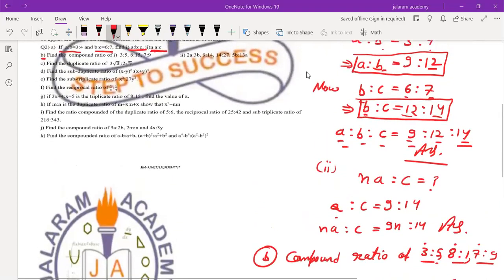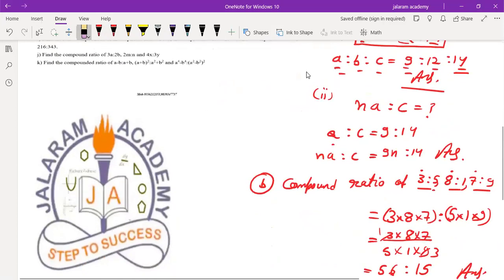If consequent is 15 in place of 5, 8 is to 15 it is. So we can use 15 also. There will be no problem in using that also. In place of 1, as it is actually 15, by mistake I have written 1. So we can use 8 is to 15.